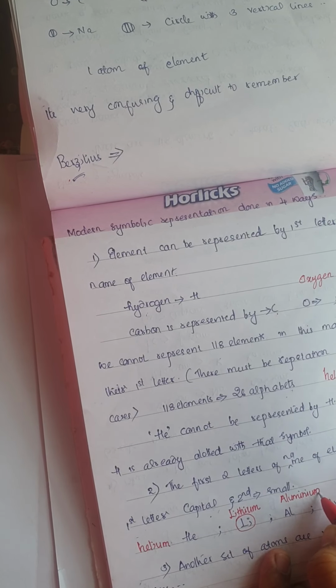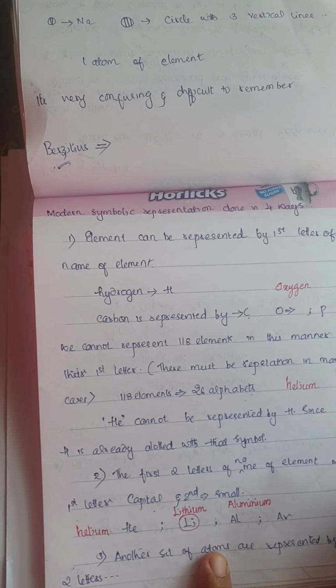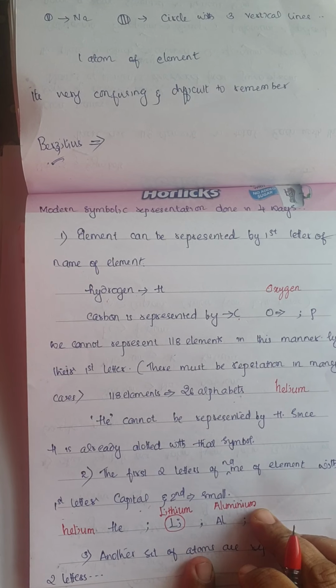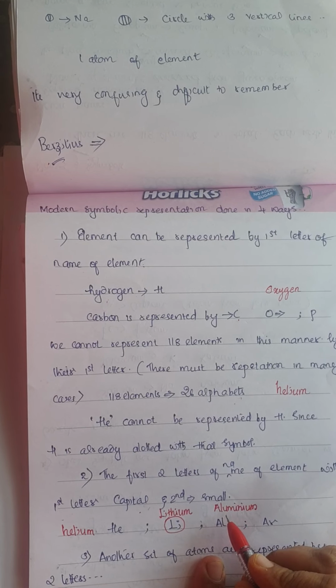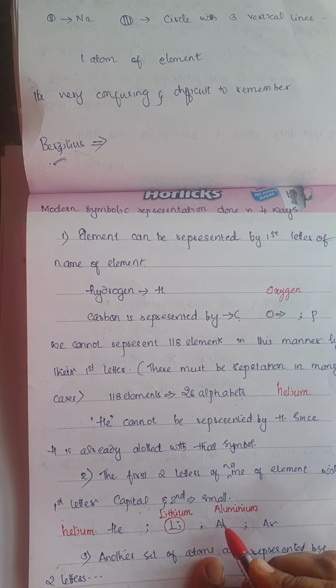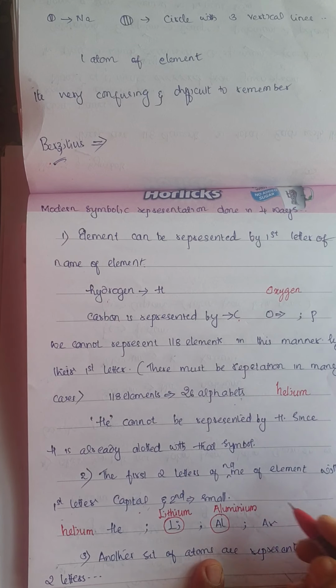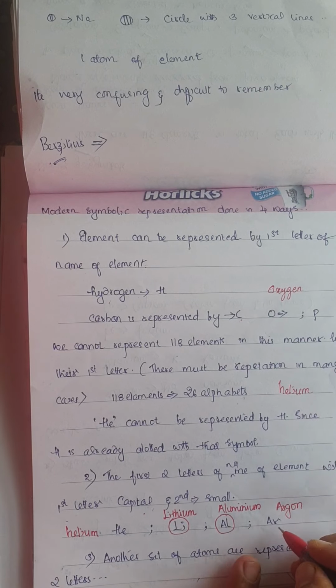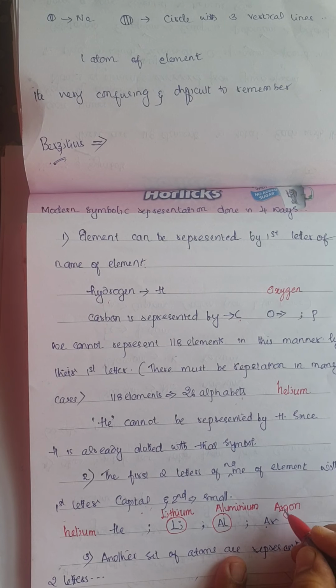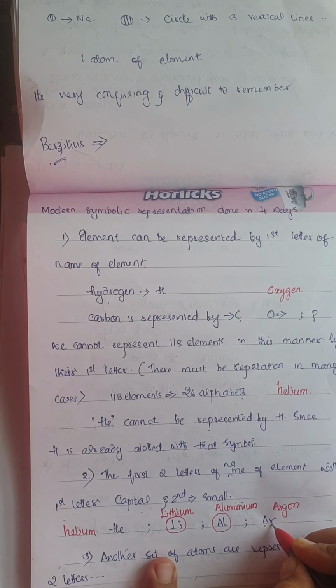Here the first letter is A and the second letter is L. Okay, Al. The symbol is Al. Next is argon. Argon means the first letter is A and the second letter is R.